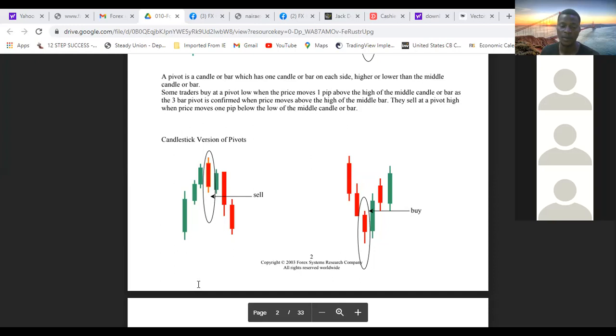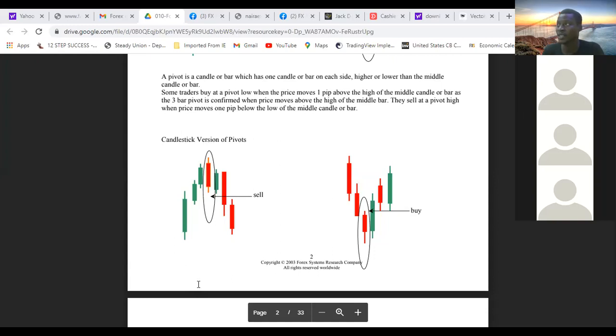If you are risking 50 pips, you're supposed to have a take profit of 100 pips. If you can do that consistently, with the trade hitting either your take profit or your stop loss, there's a high chance that after 100 trades, because this is a probabilistic sample, you're going to be in profit.